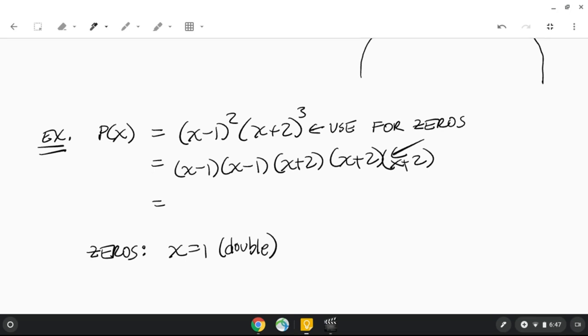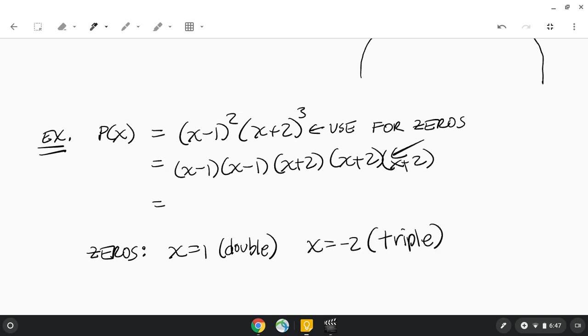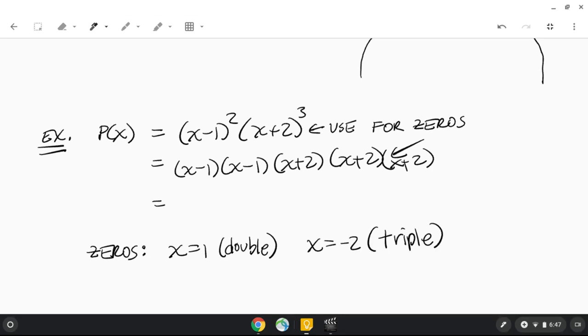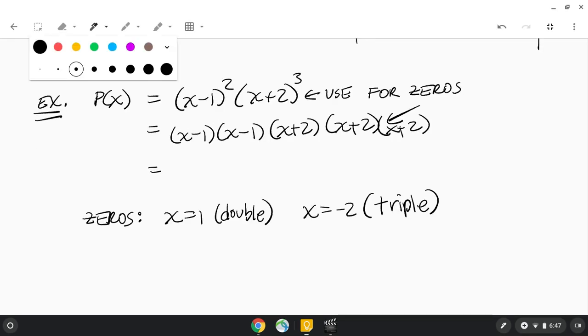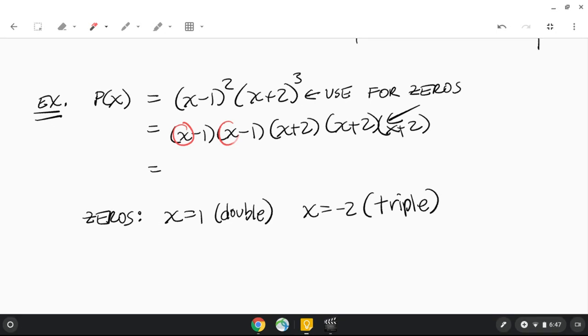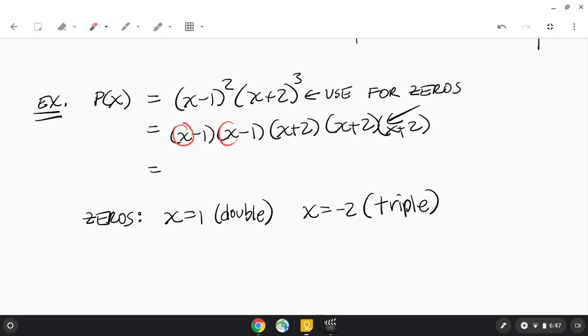Now for the end behavior, again, we don't actually need the entire polynomial multiplied out. We only want to know the leading term, so you can just take the leading term in each of these and multiply them together, and that's kind of easy. It's x to the 1, 2, 3, 4, fifth power.